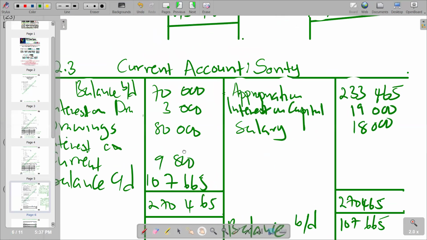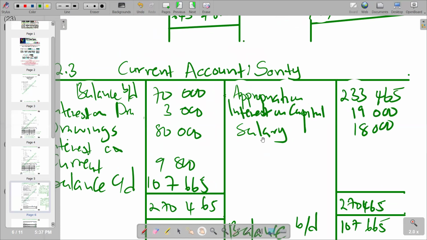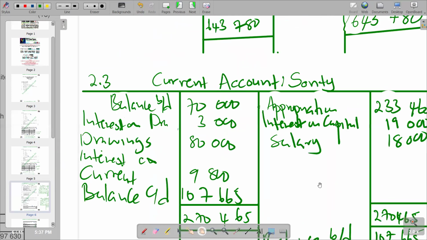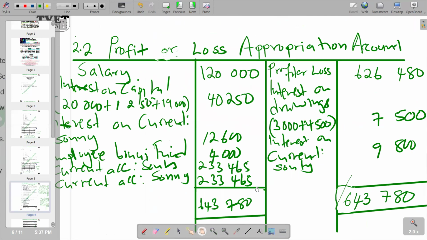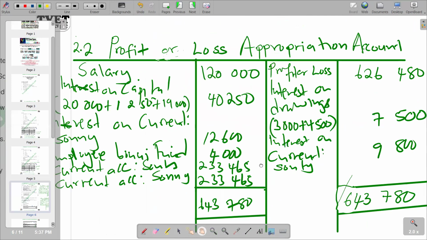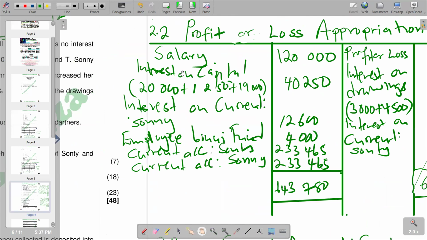The next item that we have is salary. In salary, we also have a salary that we need to adjust. That is on the debit side of appropriation, which is this one.